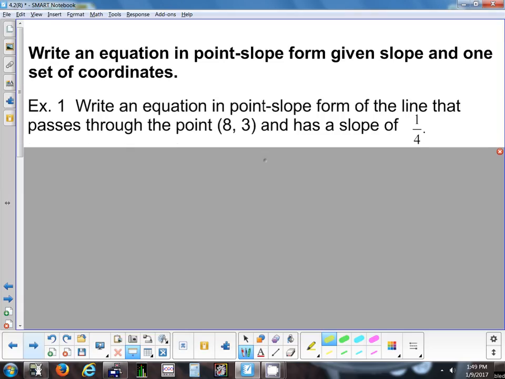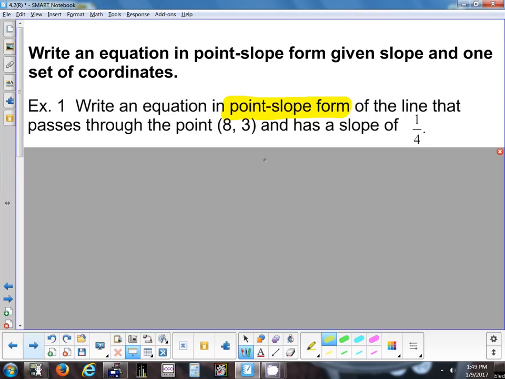So the first example, I'm going to go through it with you step by step. I'm going to show you the process as we do the example. They want us to write an equation in point-slope form. Point-slope is not y equals mx plus b; that's slope-intercept.